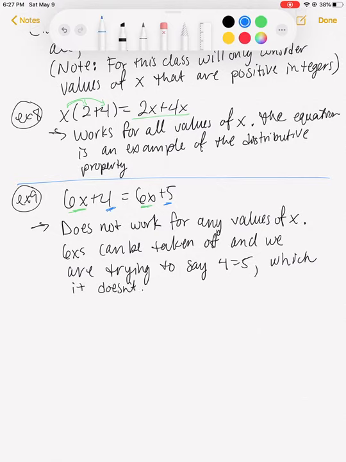So that one does not work for any of them. Our last example, example number 10, has 2x plus 5 equal to 5x plus 2.